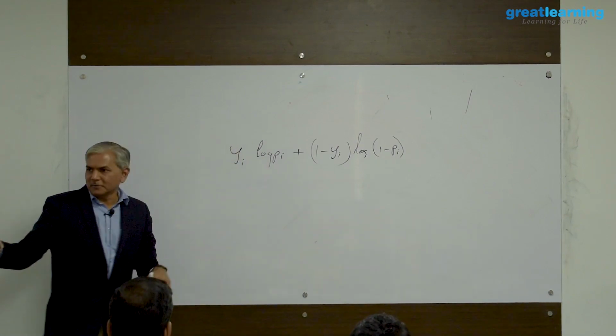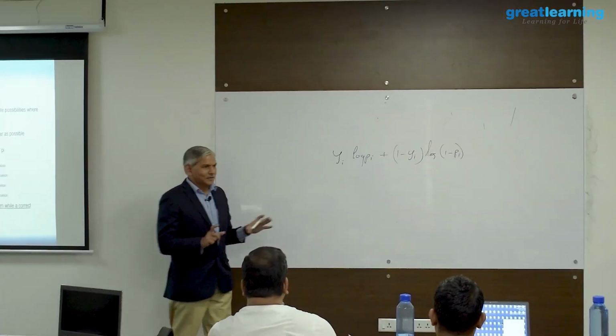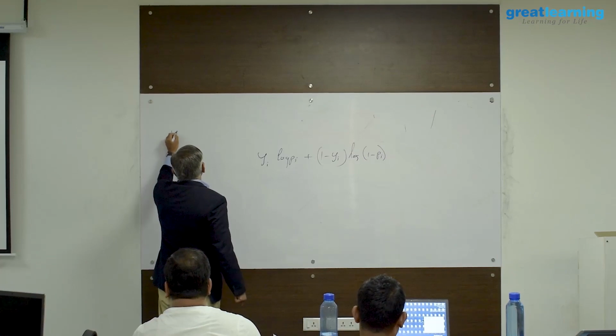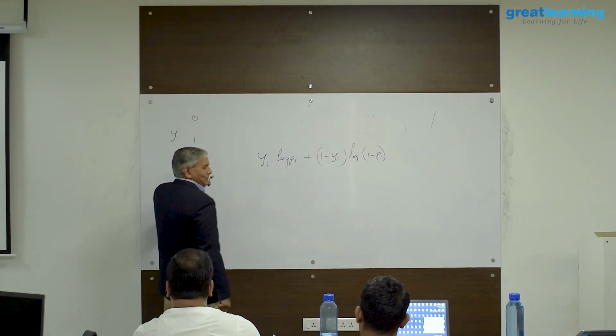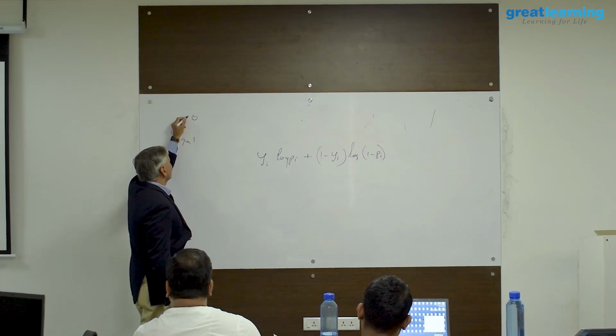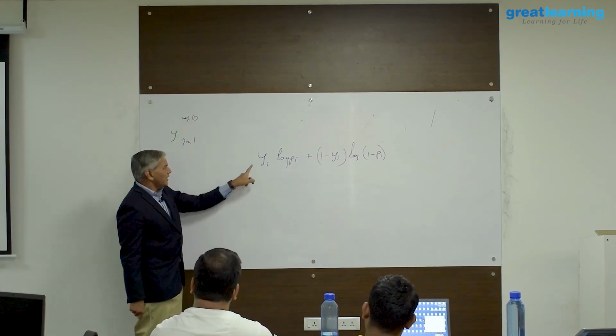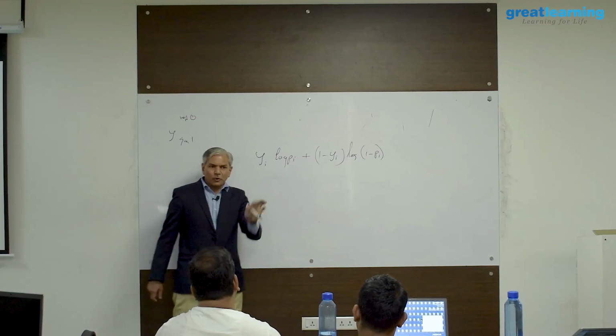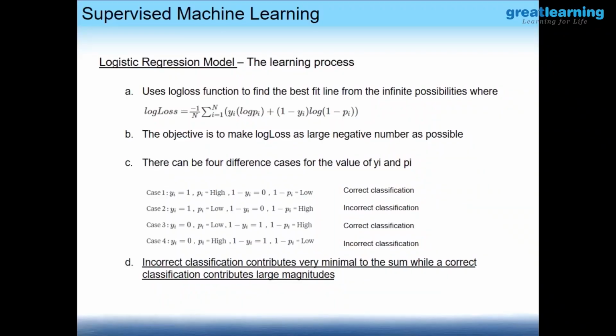Y is the target variable. We know the target variable ranges from 0 and 1 only. 1 is for green and 0 is for red. So this yi can take a value of 0 or 1.